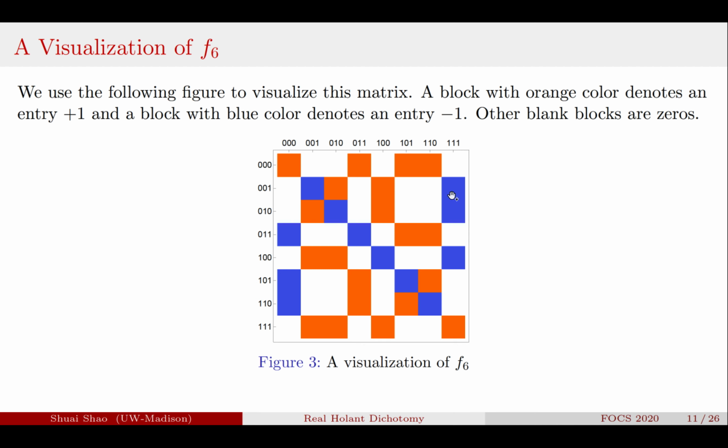In this picture, a block with orange color denotes an entry +1, and a block with blue color denotes an entry -1. Other blank blocks are zeros. Like for example, here this orange block means that the value on the all zero input is 1, and so on and so forth.